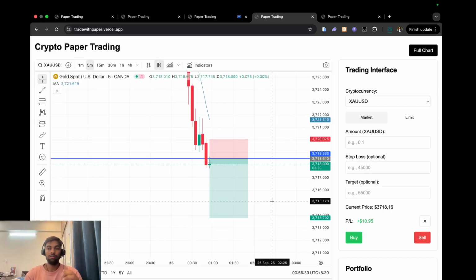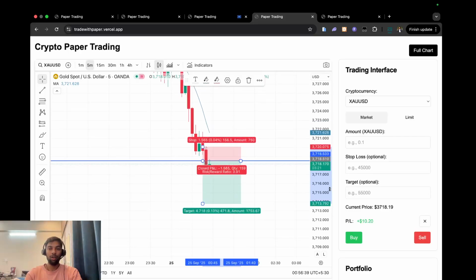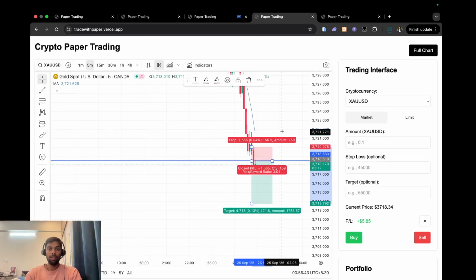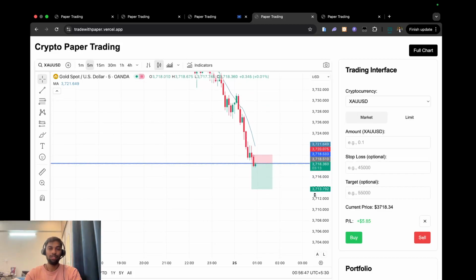So I think 30 quantity is quite enough, right? So this can be a long trade, guys. Never mind. Let's wait for the right trade, because this is a good trade.